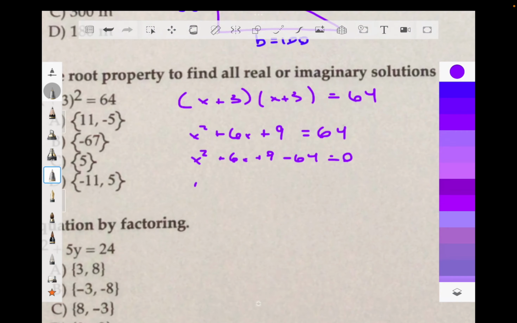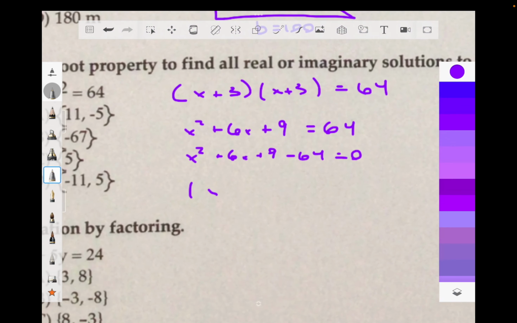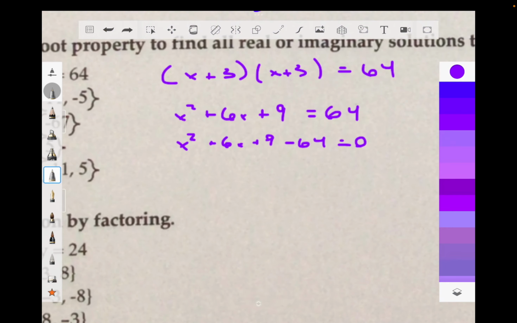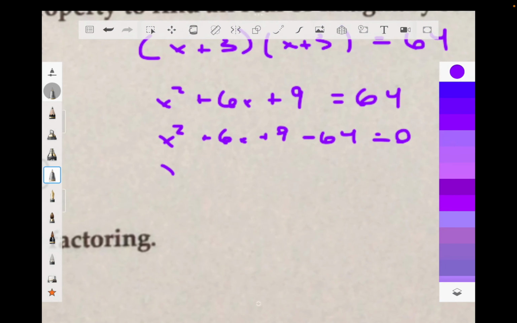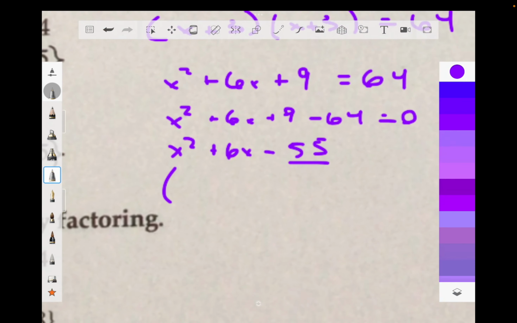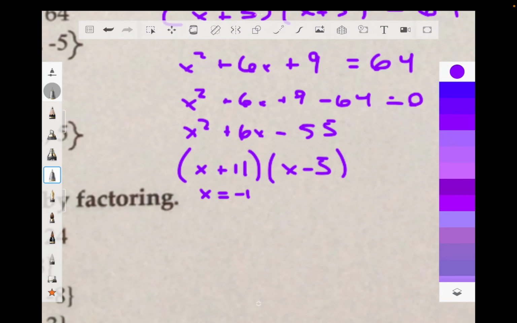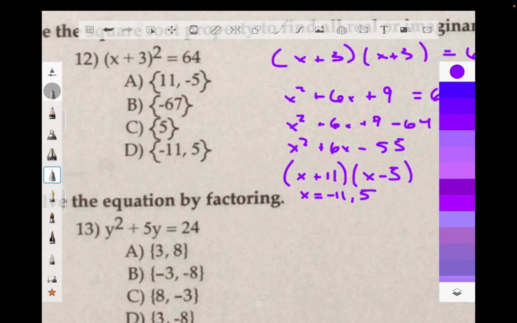And then you could factor this out and get the answers from this, right? That becomes negative 55. What multiplies to negative 55 and adds up to positive 6? That becomes x plus 11, x minus 5. Therefore, x equals negative 11 or positive 5.